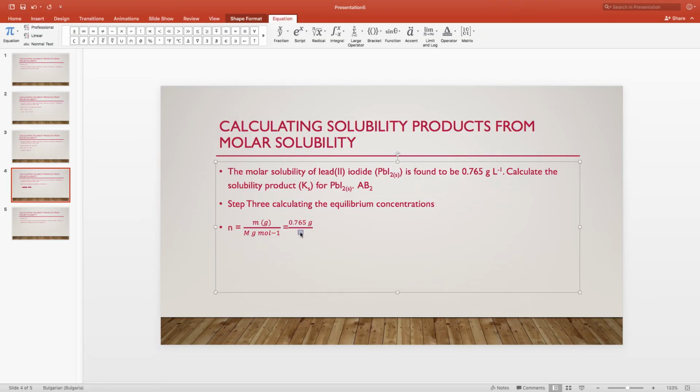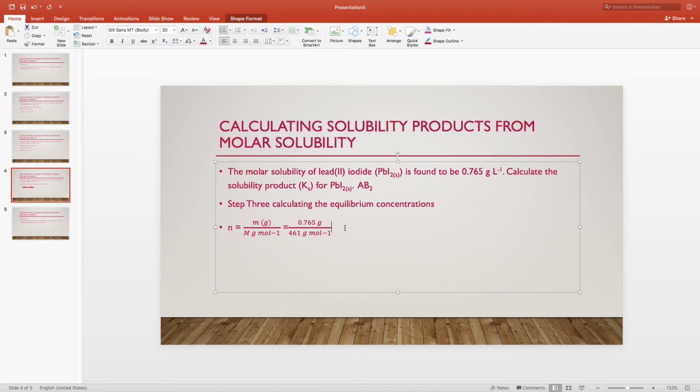So I'm going to put 461 grams per mole, and I'm going to do the calculation.